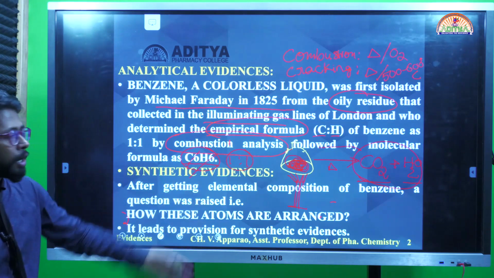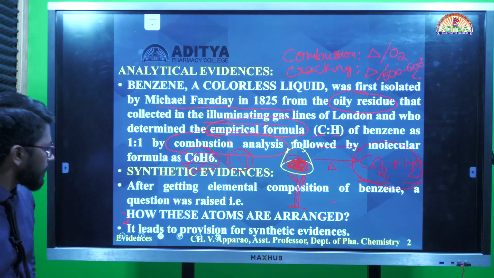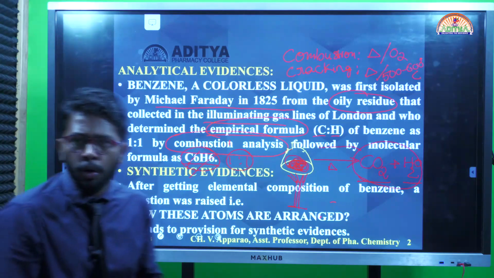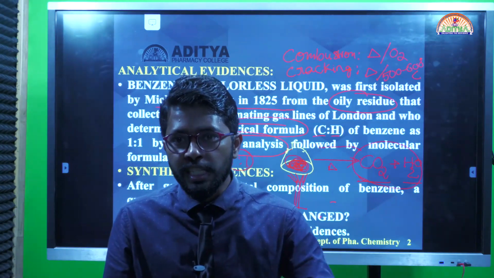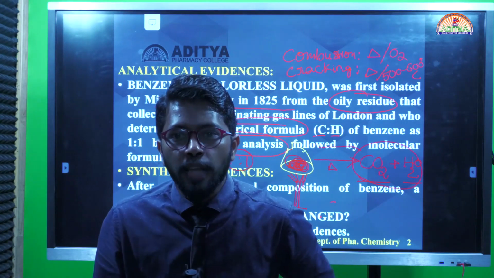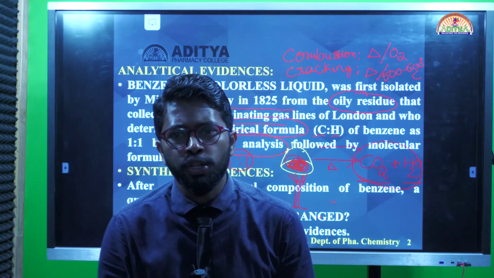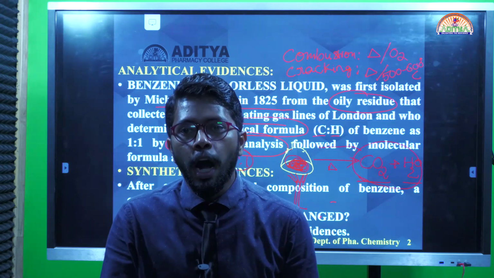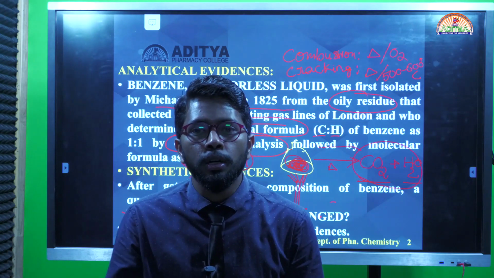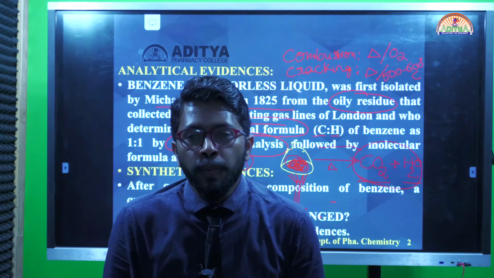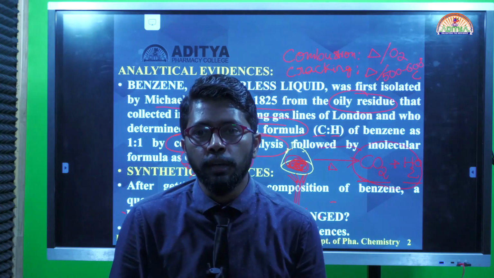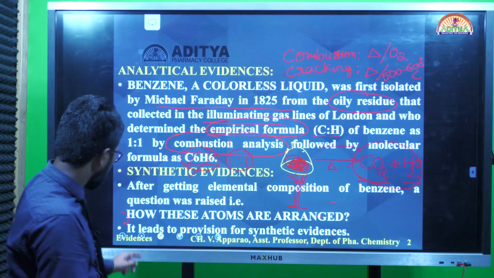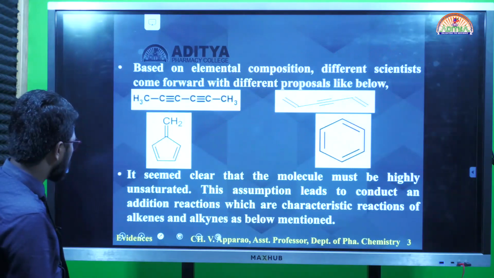Synthetic evidences, the next category. After getting the elemental composition of benzene, a question was raised: how are these atoms arranged? The molecular formula is C6H6, total 6 carbon atoms and total 6 hydrogen atoms. How are these arranged? That question led to the development of synthetic evidences.